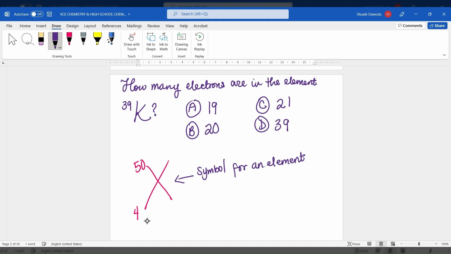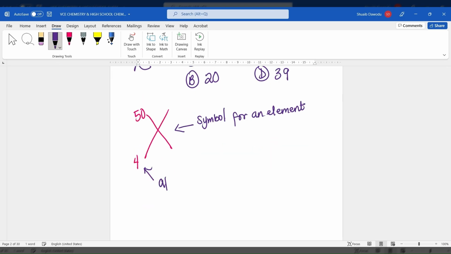And then this 4 is usually the atomic number, which you can also call the number of protons, because the atomic number and the number of protons are always going to be the same. The 50 up top is telling you the atomic mass, or the mass number of the element.